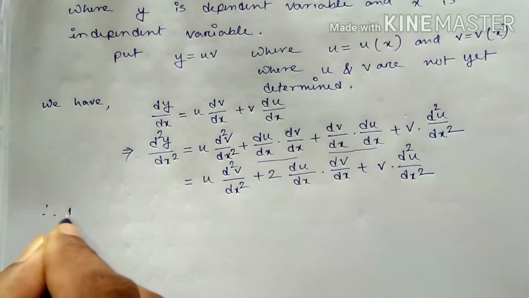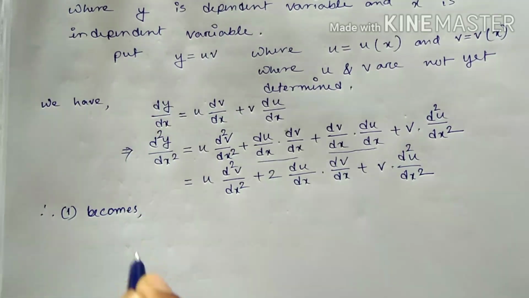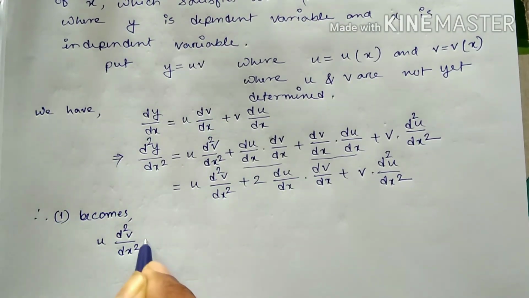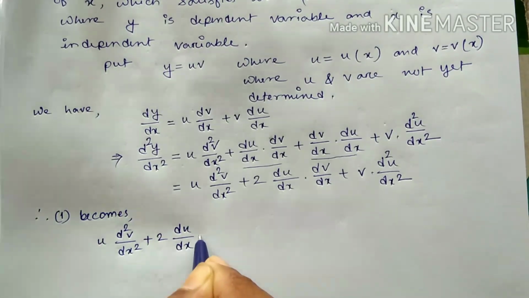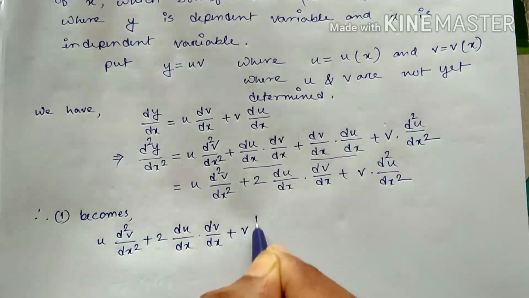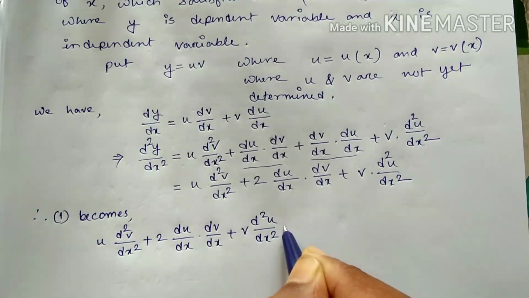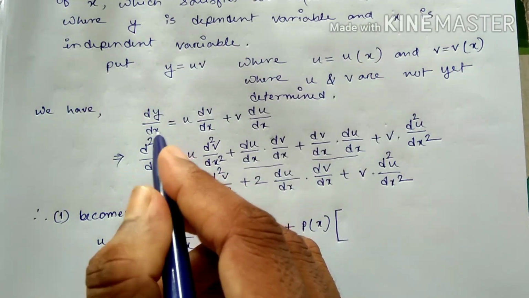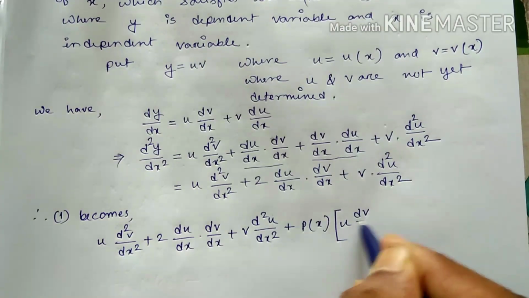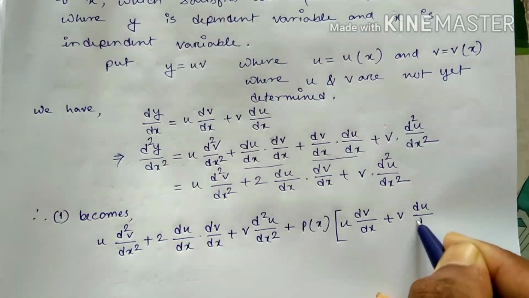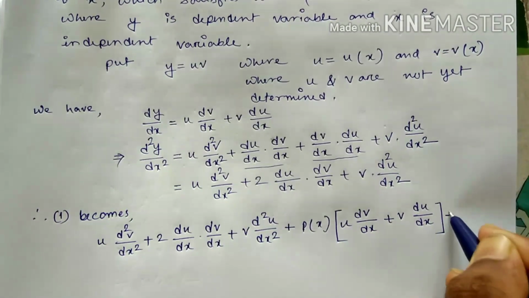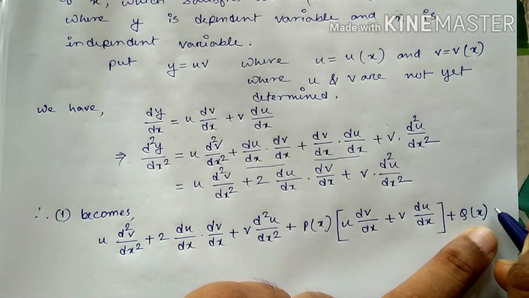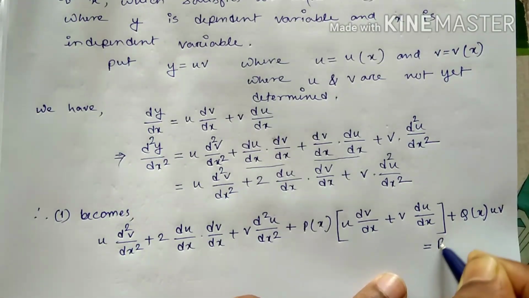So equation number 1 becomes u d2v upon dx square plus 2 du upon dx into dv upon dx plus v d2u upon dx square, plus p of x into dy upon dx, where the value of dy upon dx is u dv upon dx plus v du upon dx, plus q of x y, where we put the value of y, that is uv, equal to r of x.